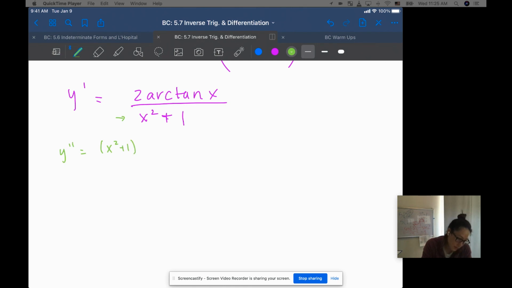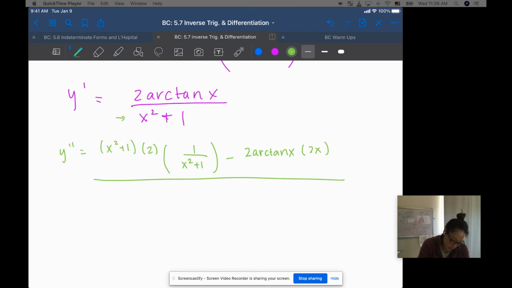The derivative of the numerator would be 2 times 1 over x squared plus 1 minus 2 times arctan of x times the derivative of the denominator, so 2x. And then the derivative of 1 is 0, all over x squared plus 1 squared.